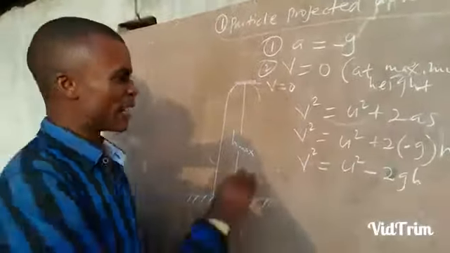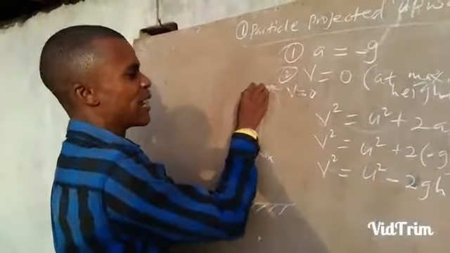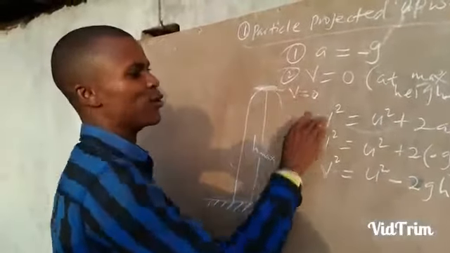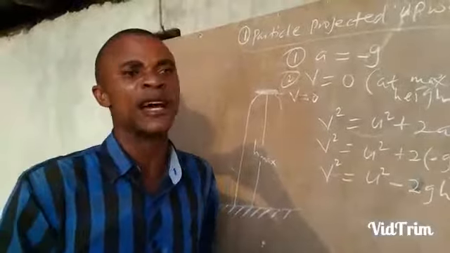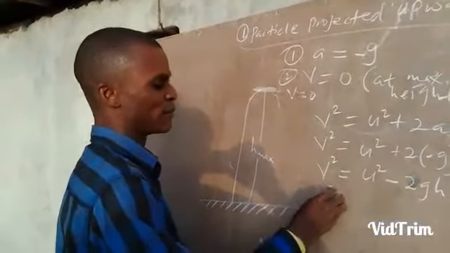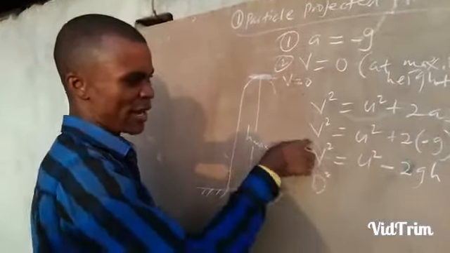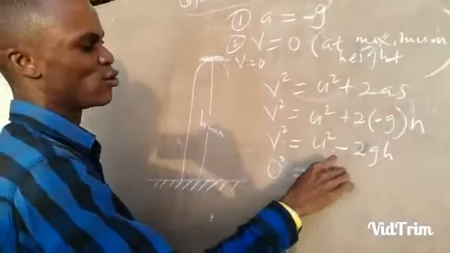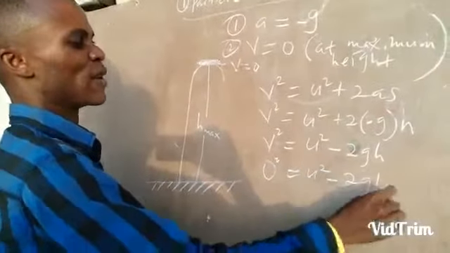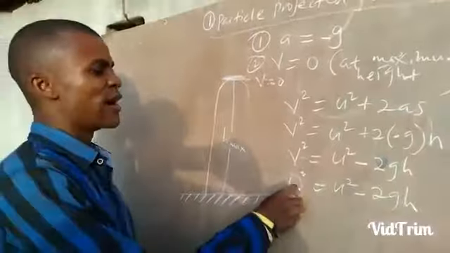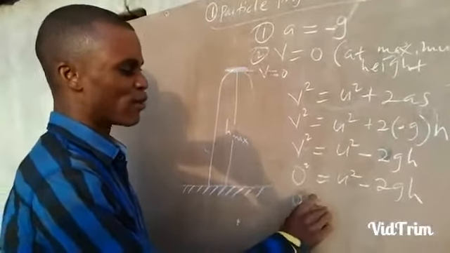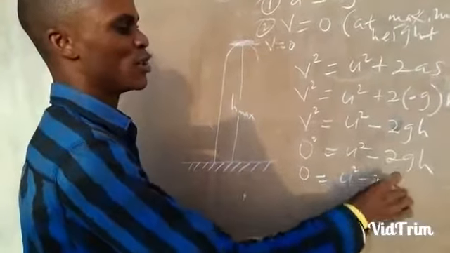We know very well that at the highest point, the moment the object reaches the highest point, v is equal to 0. So if I put v equal to 0 in that equation, I will get 0 square, which is the same as 0, equals u square minus 2gh.